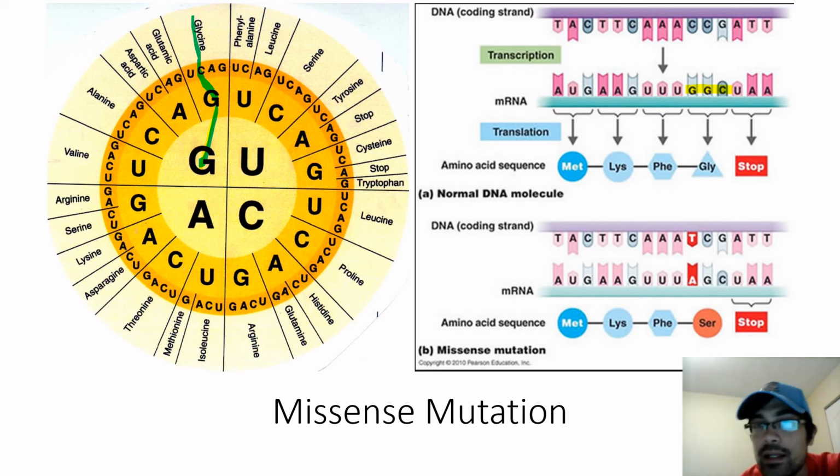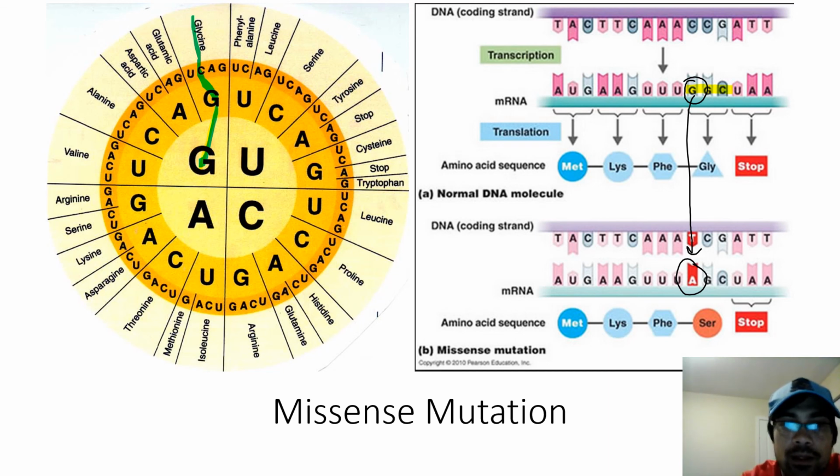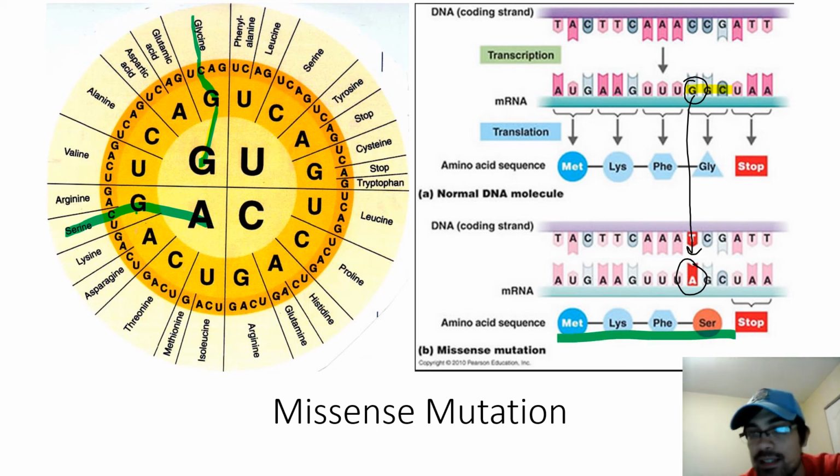In our missense mutation, that G, the first one right here, gets changed into an A. And so when that codon is being read, we have AGC. So we get a serine instead. Then we get that sequence instead.